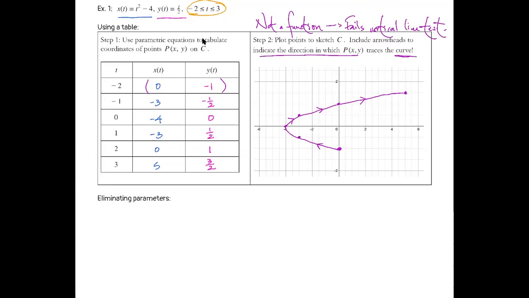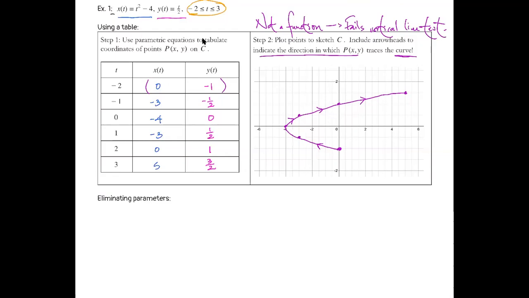I might imagine it looks like a parabola because I see a t squared, but we just don't work with parametric equations as often as rectangular ones. So it's okay that we don't necessarily recognize them. Let's eliminate the parameter, and we're going to end up with the rectangular form of this curve.